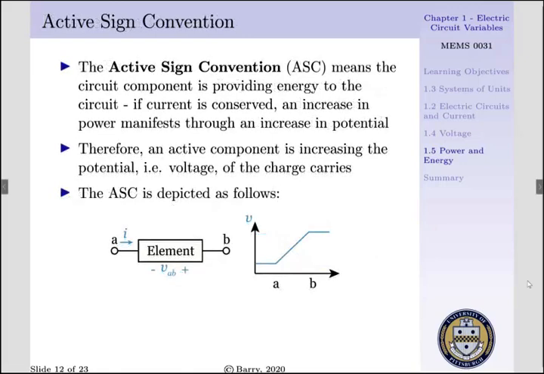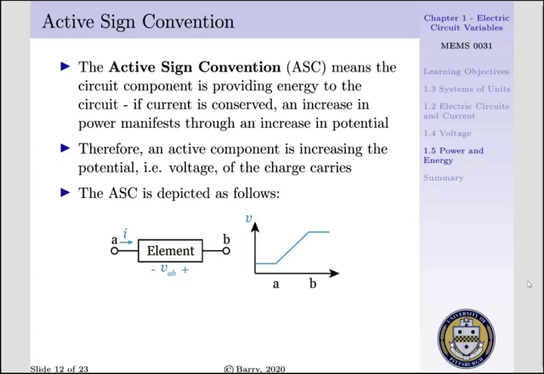The active sign convention, abbreviated ASC, means that our component is providing energy to our circuit. Since our charge carriers have to be conserved, and our current therefore has to be conserved, an increase of power, i.e. when we supply power, means that we have to have an increase of potential. Therefore, an active component is increasing our voltage potential as we go across the element.